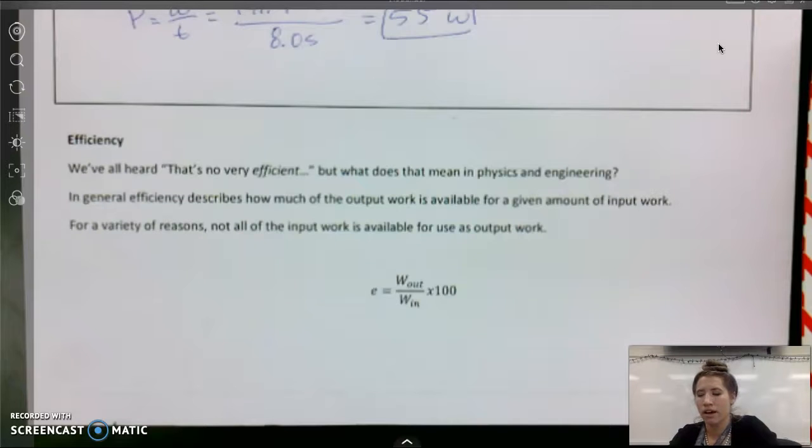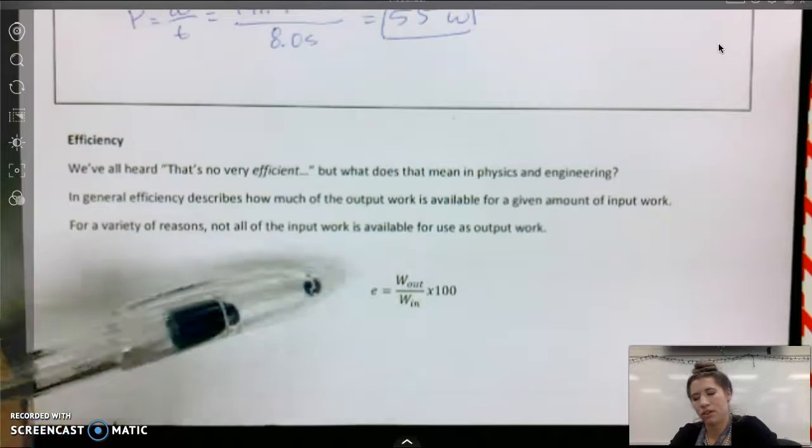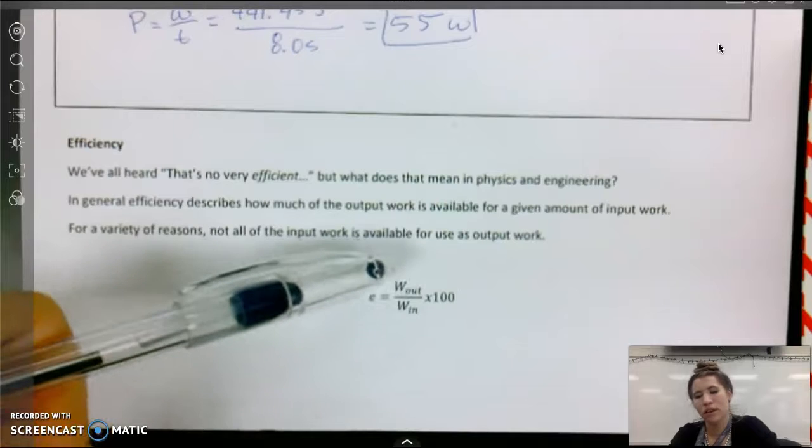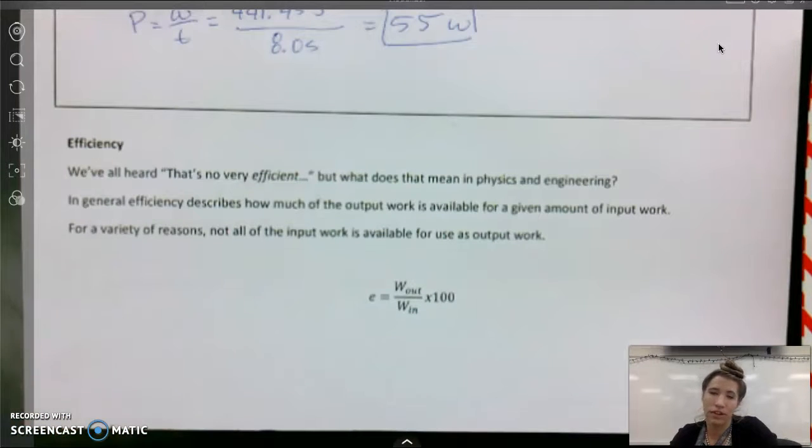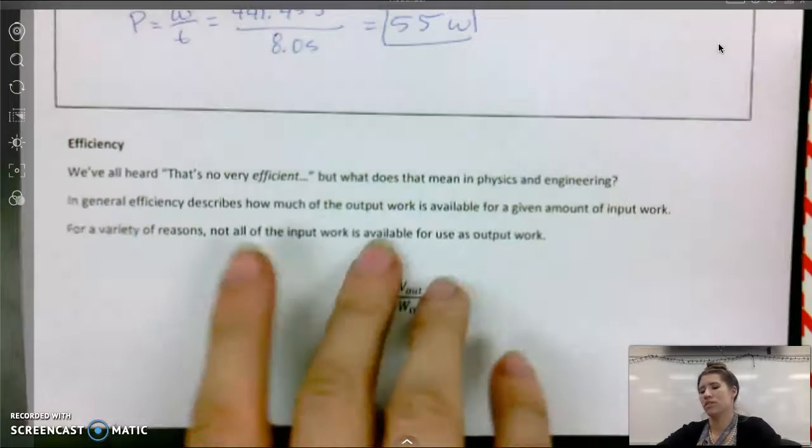And so we have a way of determining how efficient something is. And it's the work that we get out divided by what we put in, and you multiply it by 100, and that gives you the percentage. That's the percent of how efficient you want it to be, 100% efficient. But usually that's not the case. Okay, so that's efficiency.